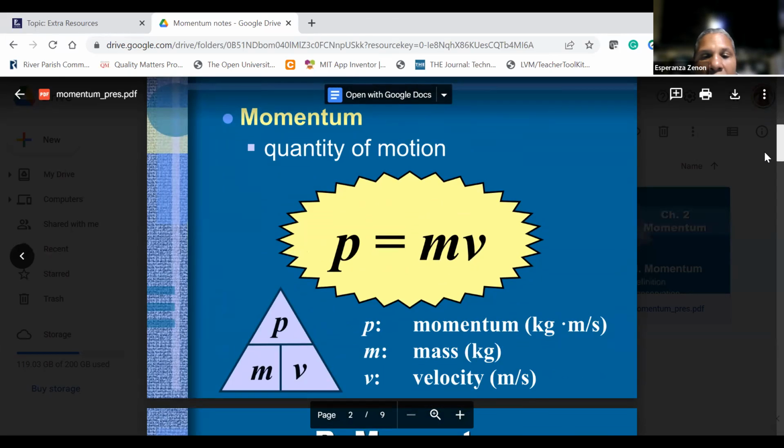And it shows you the units involved for each one. So momentum, another definition for momentum is the quantity of motion. Objects with a high momentum have more motion. And so you can see, we know to find momentum is mass times velocity. And then when you multiply the units, kilogram meters per second, that's how you get the units for momentum.